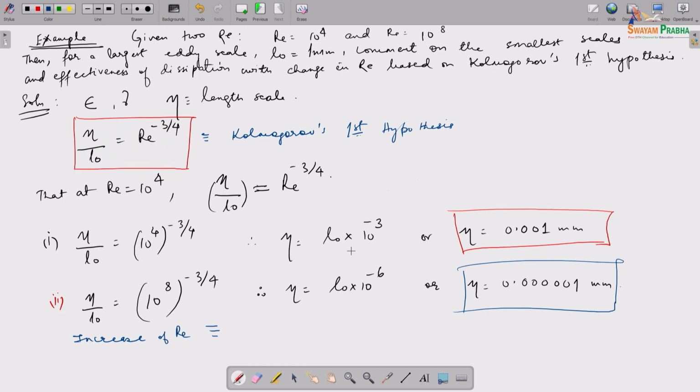So increase of Re corresponds to the size of the smallest eddies decreasing compared to the size of the largest eddies.